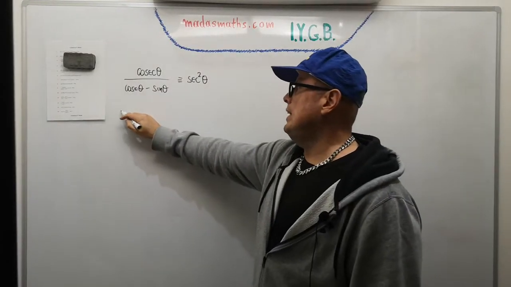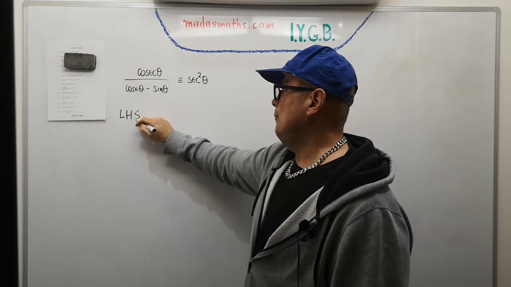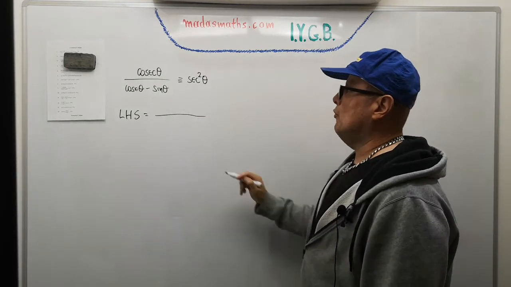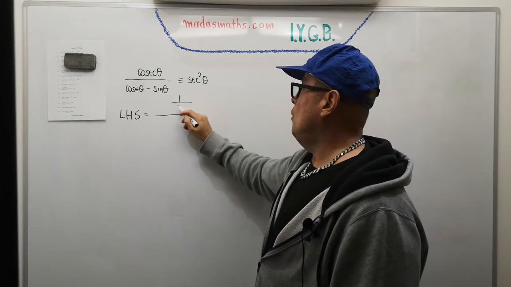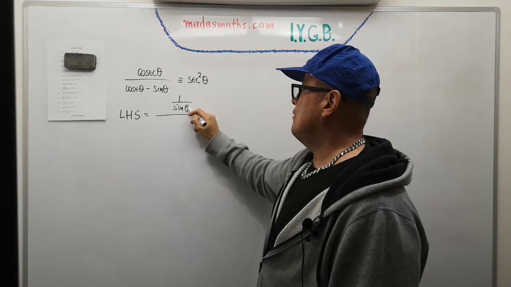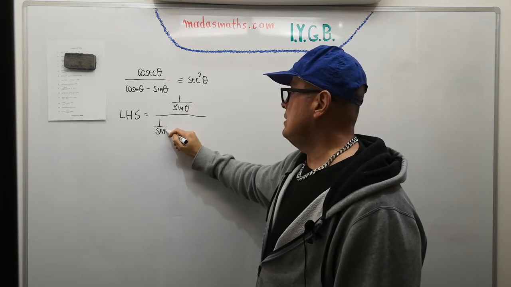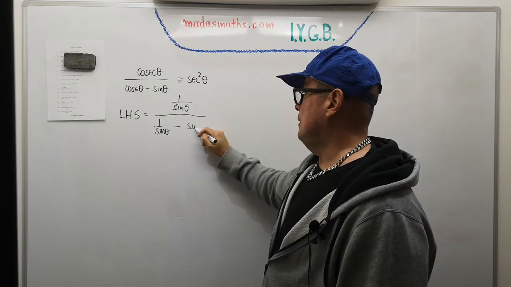So I'm going to start from the left because it gives me more options. And I'm going to write everything in sine and cosine. So 1 over the sine of theta, numerator, 1 over the sine of theta minus sine theta.